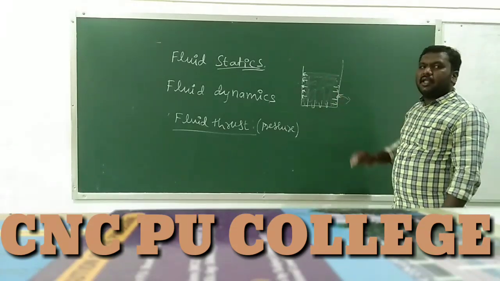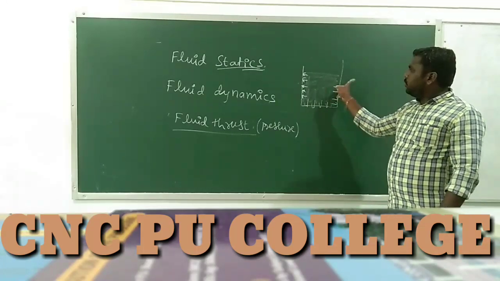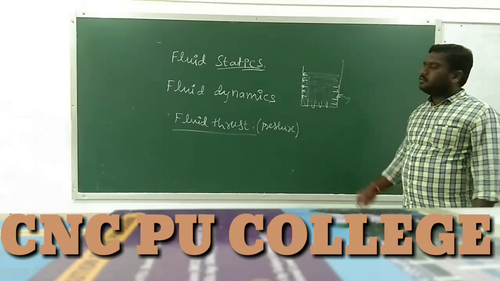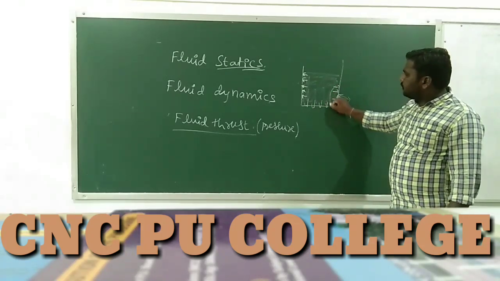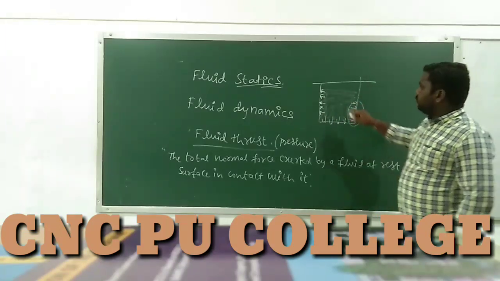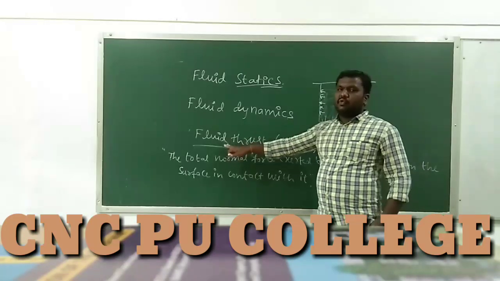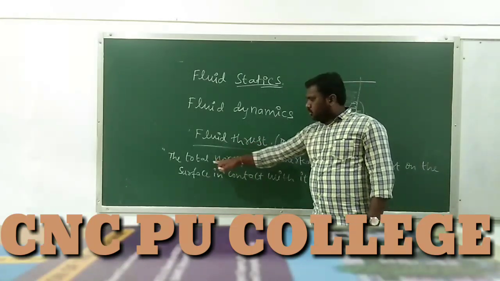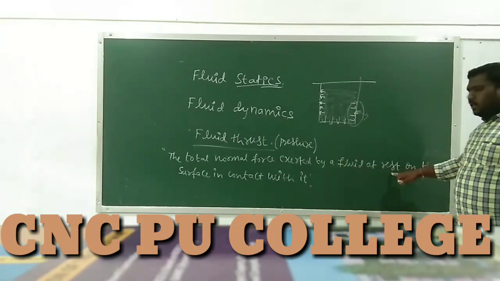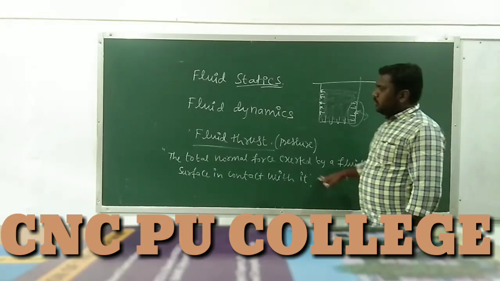So in this case we understand that the liquid is exerting a normal force on the walls of the container. The normal force exerted by the fluid at rest on the surface in contact with it is called fluid thrust. The total normal force exerted by a fluid at rest on the surface in contact with it.